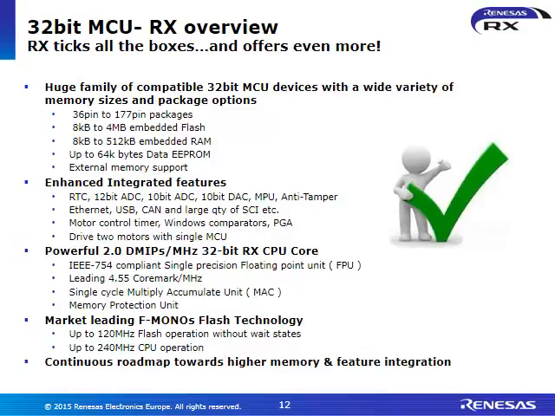Only RX offers you 120 MHz flash operation without wait state. It's a random access flash access, which is quite unique and only RX can offer. So overall CPU performance is rated to 240 MHz, and this is pretty fast compared to what the competition can offer us.